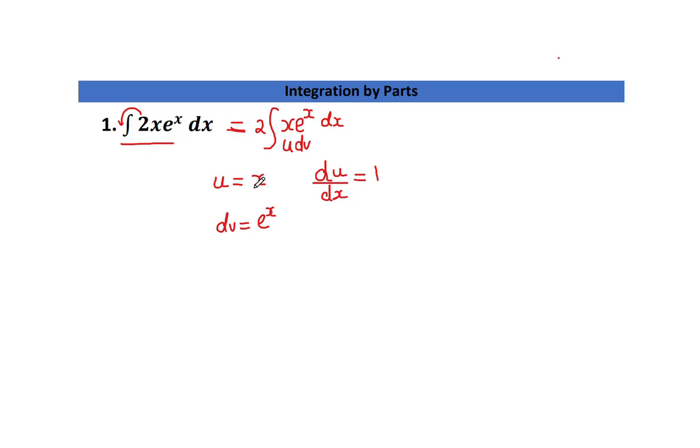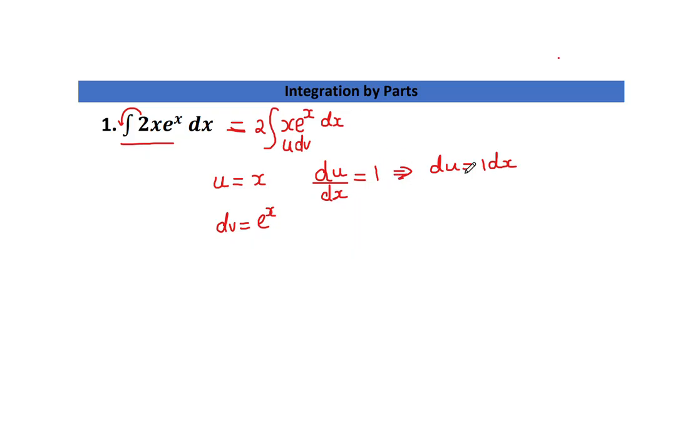So in effect, differentiating 1x gives us 1. If I rewrite this, this becomes du equal 1 dx. That is, if I multiply both sides of the equation here by dx to get rid of the denominator, I will get du alone on this side because the dx cancels, and 1 dx on the other side.